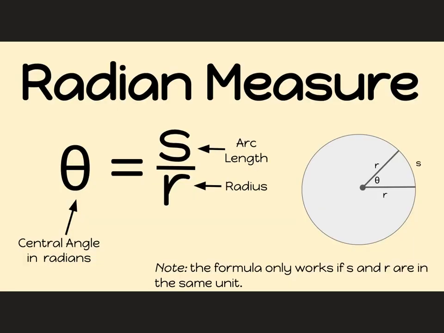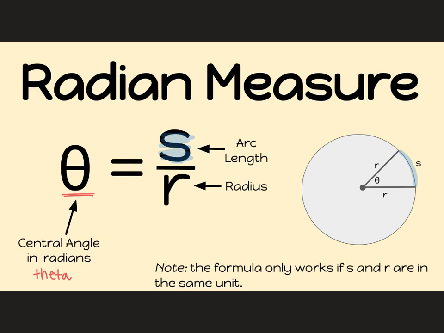Okay, so here's what we're going to do with this. If you want to figure out a radian measure, this is the formula you would use. This symbol right here is called theta. It's just a Greek symbol, and that's the central angle in radians. S stands for arc length, and again, that would be this right here.